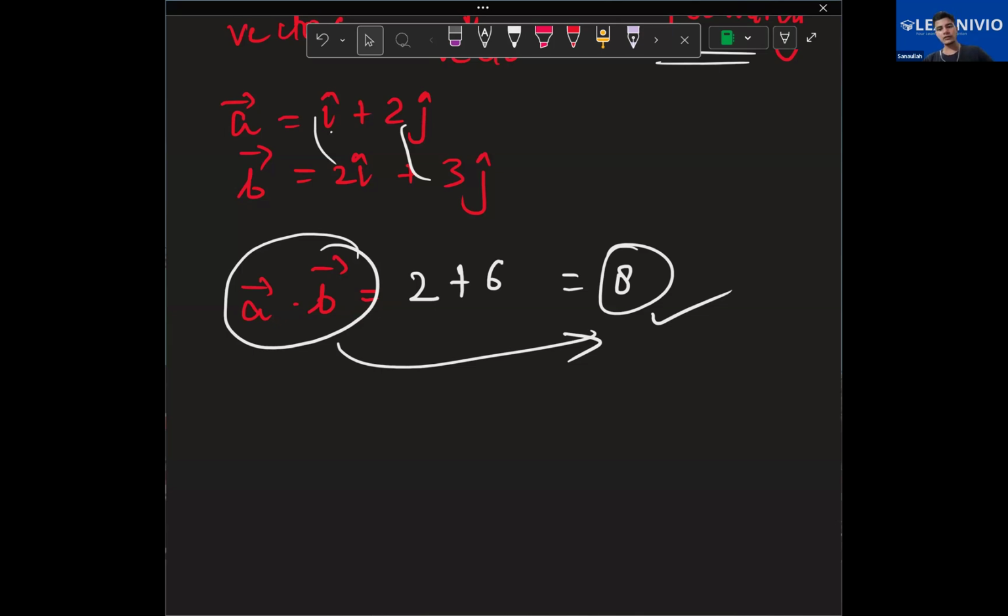Okay, now we have one more concept, projection. Do you know what projection is? Anyone? What do you mean by projection?